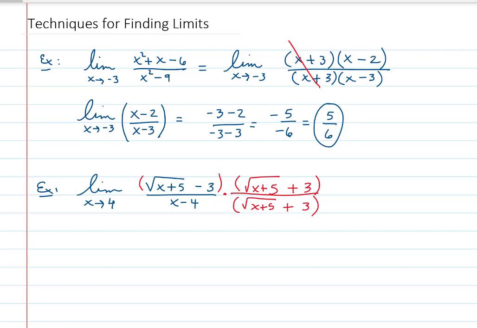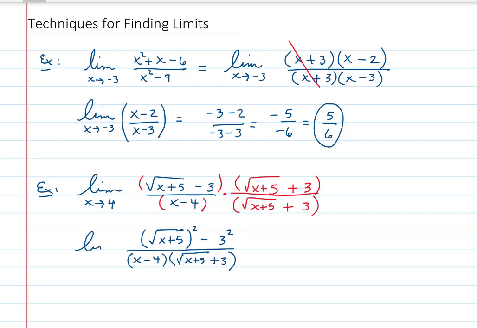Remember that whatever you multiply on the bottom, you have to do on the top, so that you don't change this expression. Then when you go through that multiplication, we distribute those two binomials. You're going to get a difference of squares, so you'll get the square root of x plus 5 squared minus 3 squared. And on the bottom, I could distribute that, but I'm going to leave it as a product.